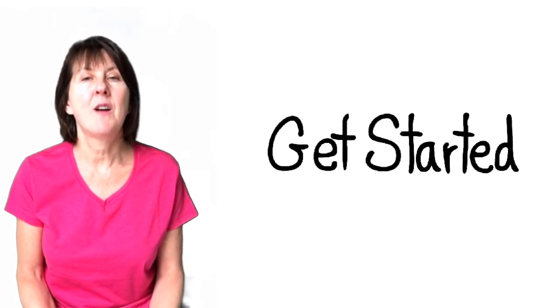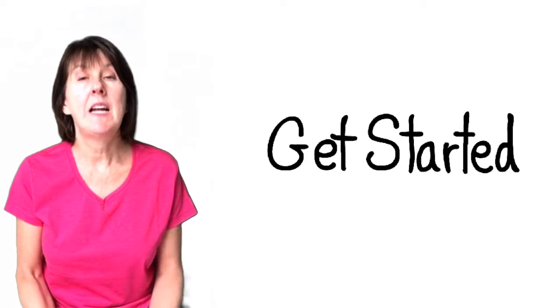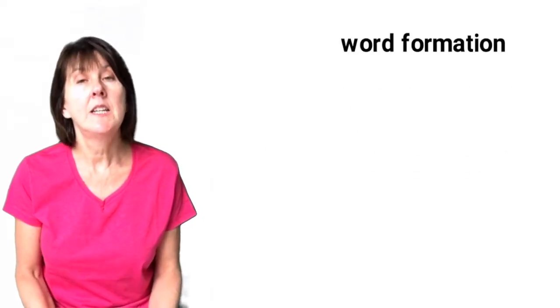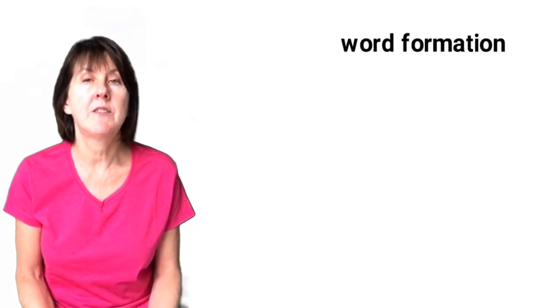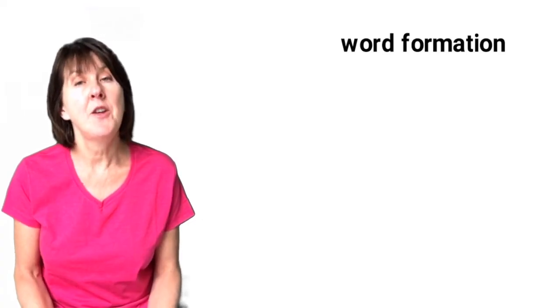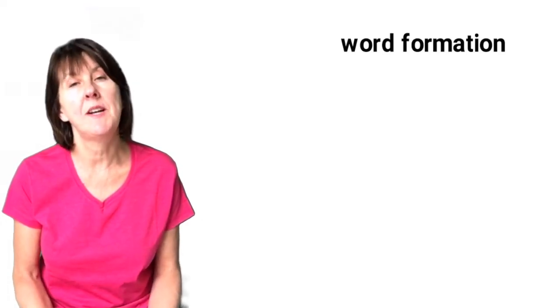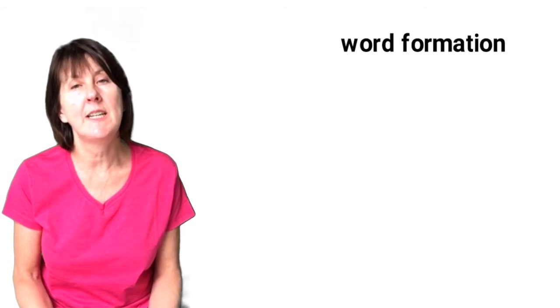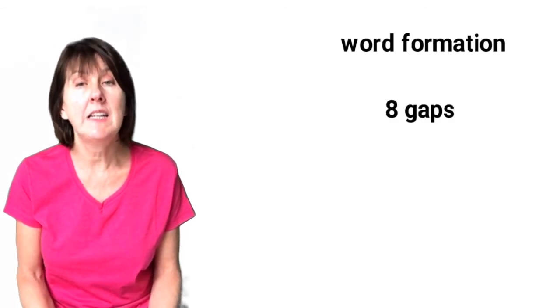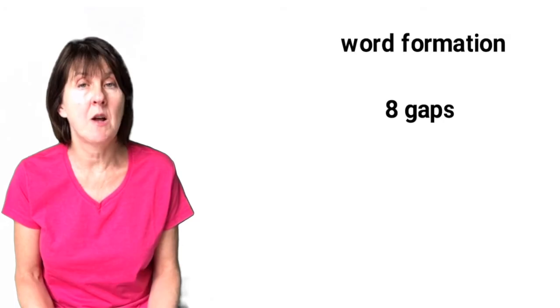So let's get started. Part 3 of the Reading and Use of English exam is a word formation task. So it's very similar to the Reading and Use of English Part 1 and 2 in that you are given a short text of between 150 and 160 words, in which there are 8 gaps plus 1 gap as an example.